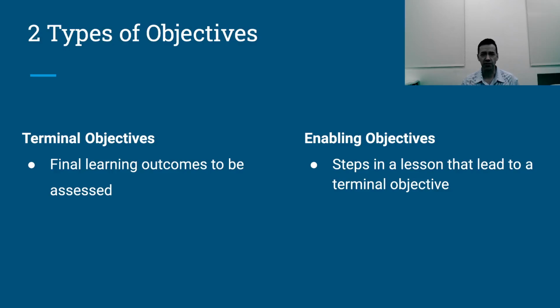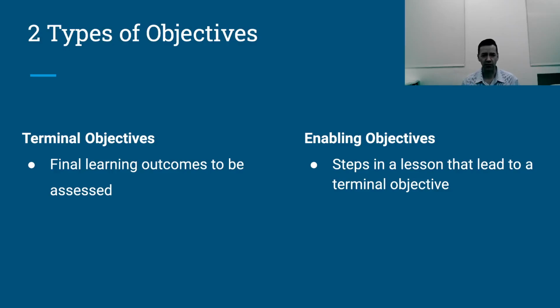Okay, there are two types of objectives that you can write. The first are called terminal objectives. These are the final learning outcomes to be assessed. And then we have what's called enabling objectives. These are the steps in a lesson that lead to the terminal objective.